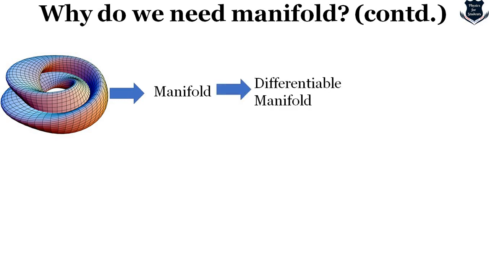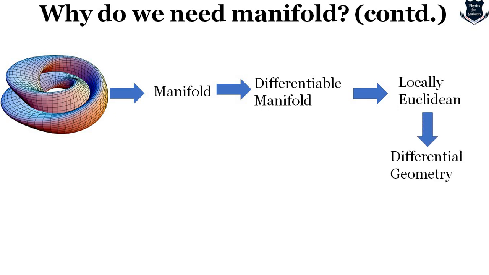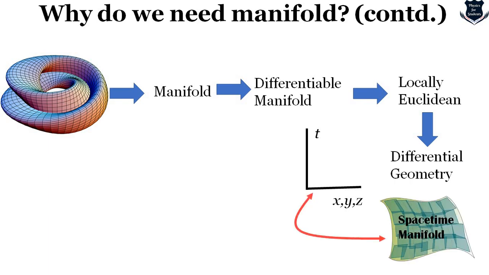So we get a surface like this, and we call it a manifold. Further we call it a differentiable manifold, because we can use calculus, and this differentiable manifold should be locally Euclidean. Why do we need it locally Euclidean? So that we can use differential geometry, so that this space-time, which is 4-dimensional, x, y, z and t, can be lumped up into a space-time manifold.